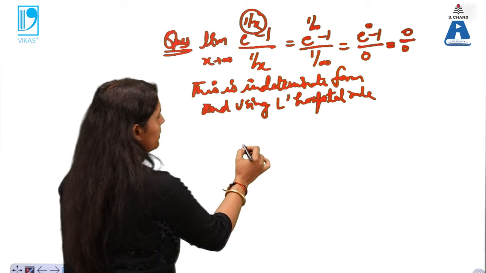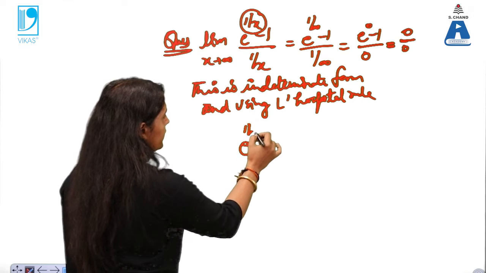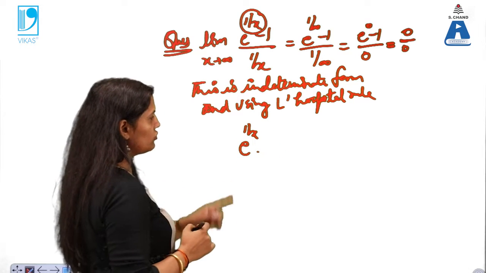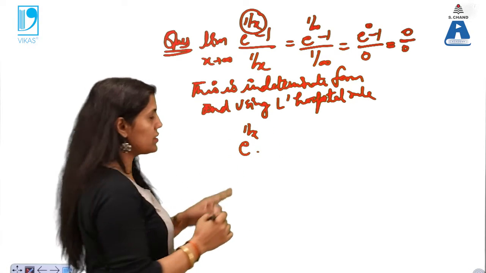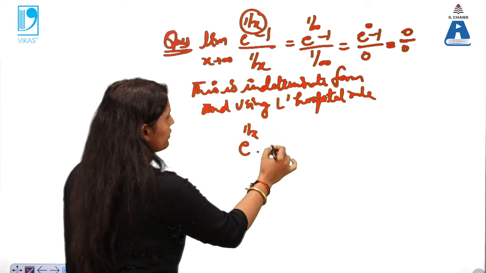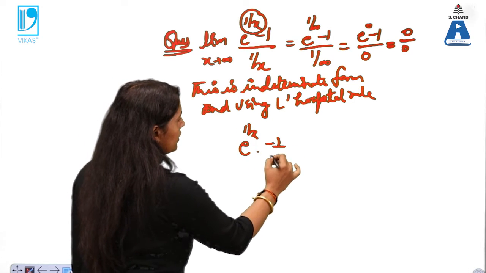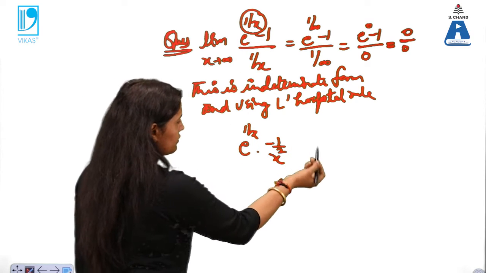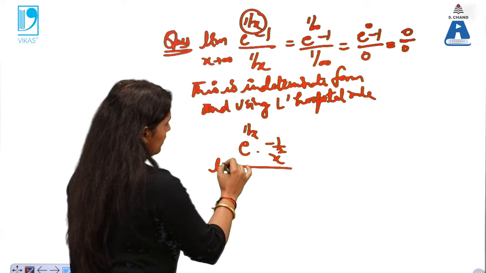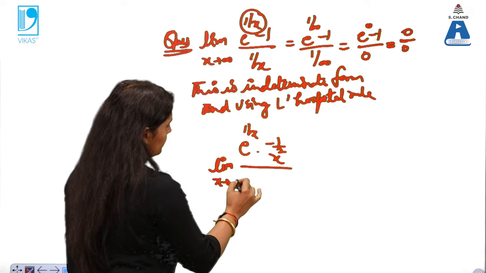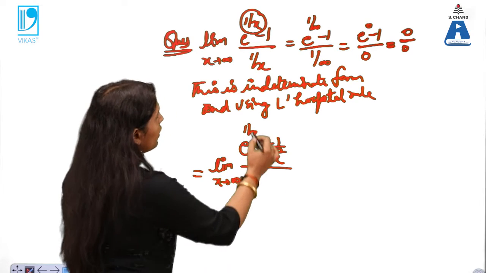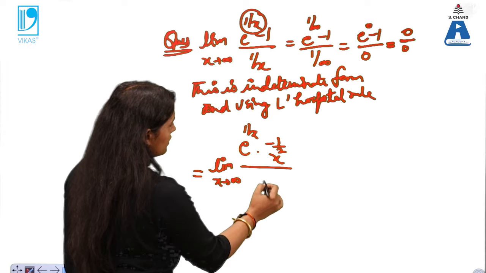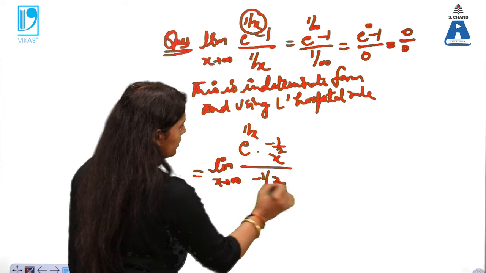So the derivative of e to the power 1 by x: this is the rule of differentiation, first the exponential function stays the same and then we multiply by the derivative of the power, that is 1 by x, whose derivative is minus 1 by x square. The derivative of minus 1 is 0, so I am not writing that, and the limit is x tending to infinity. The derivative of 1 by x is minus 1 by x square.